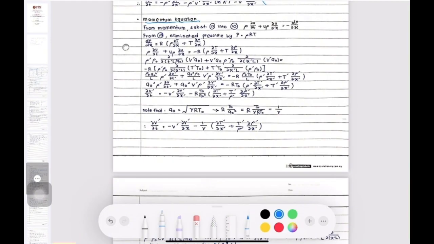From momentum, we also substitute equation 12 into equation 10, which is rho du/dt plus rho u du/dx equal to negative dp/dx. So from equation 10, we eliminate pressure by P equal to rho R T.